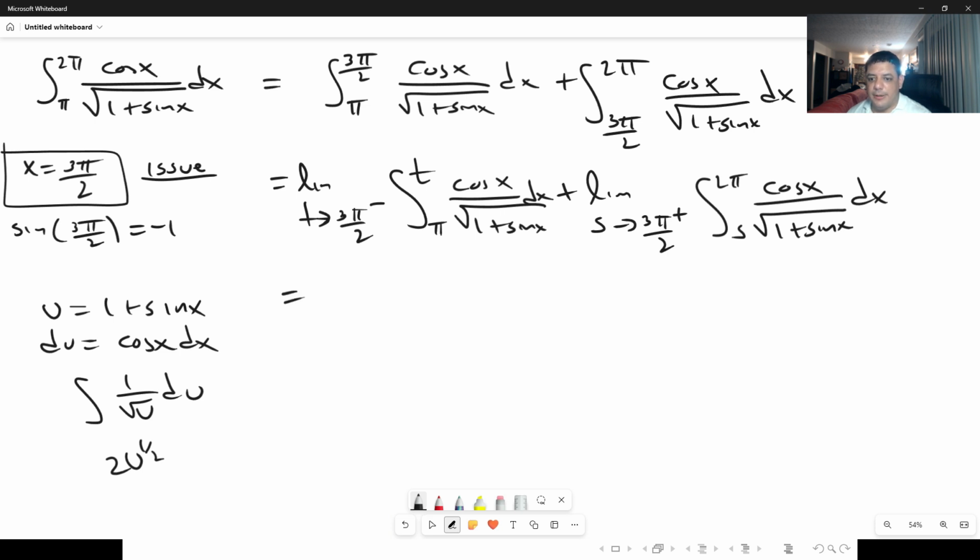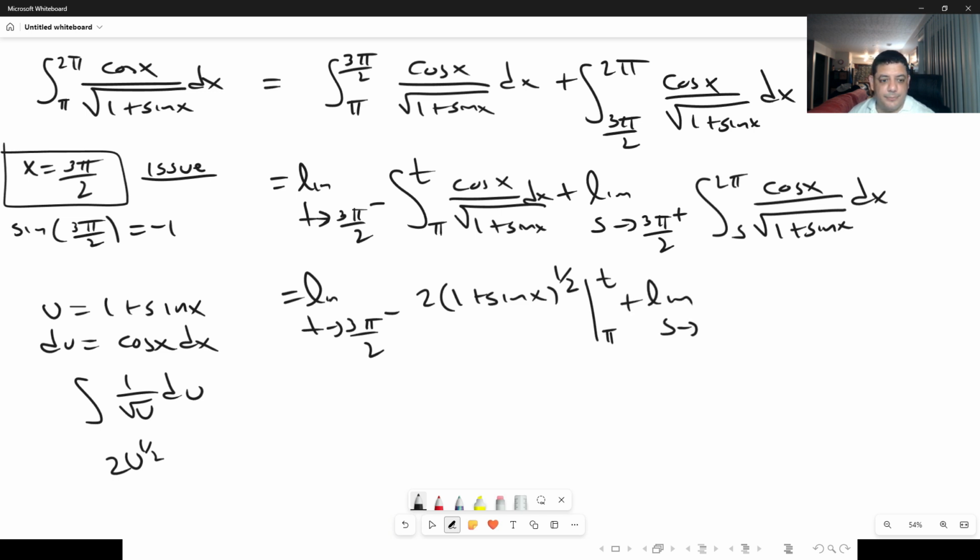And so now this is the limit when t goes to 3 pi half from the left side of 2 times the square root of 1 plus sine of x, between pi and t. In here, similar situation. Now, when you plug in 2 pi, sine is 0, so this becomes 1.